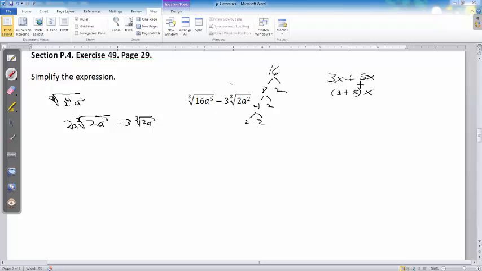And that's a nice thing to be able to do because that means you can still solve for x even if you have something like the square root of 3 plus the square root of 5. Because then you can still factor out the x and then divide by that parentheses to solve for x. Well, they want you to do that first step of factoring out the common root. So we would have 2a minus 3 times the cube root of 2a squared. And that would be our final answer.